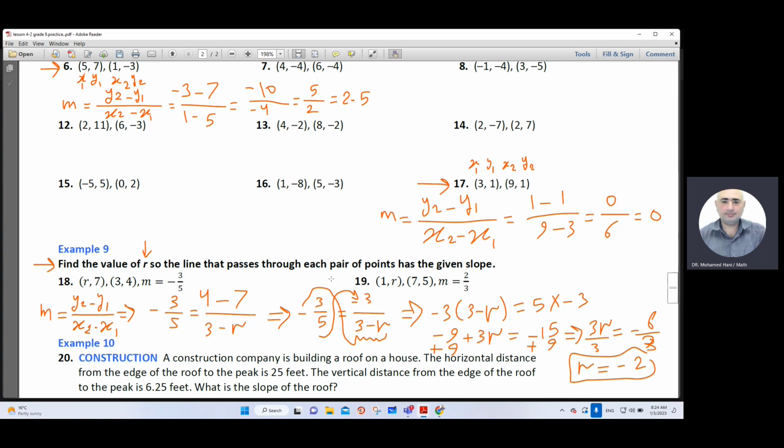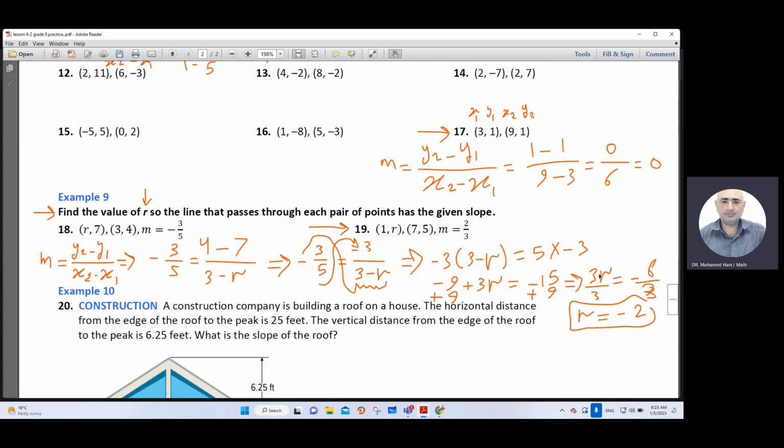Try to solve number 19, please, with the same idea.